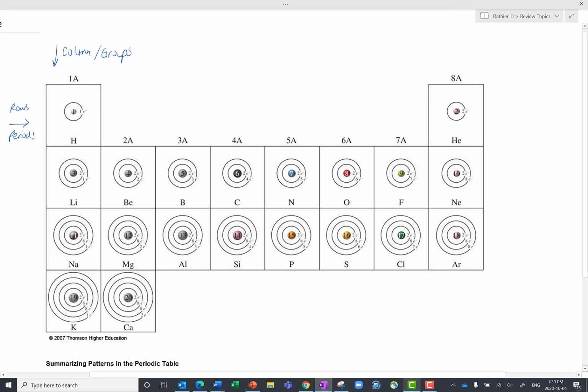The other pattern that we want to address here is the valence electrons. When we look at elements that are in the same group or the same column, we'll talk more about this in a moment, but we call them families. And we call them families because they have similar properties, some similar chemical and physical properties based on their similar electronic structure.